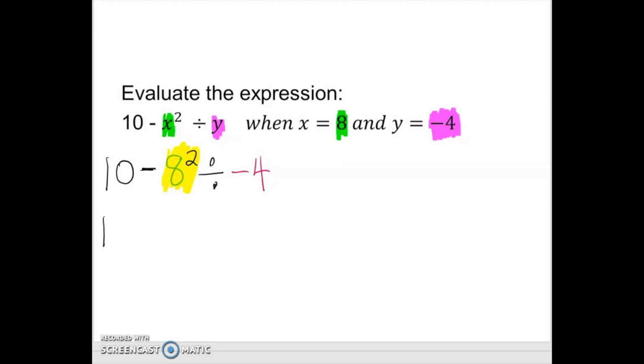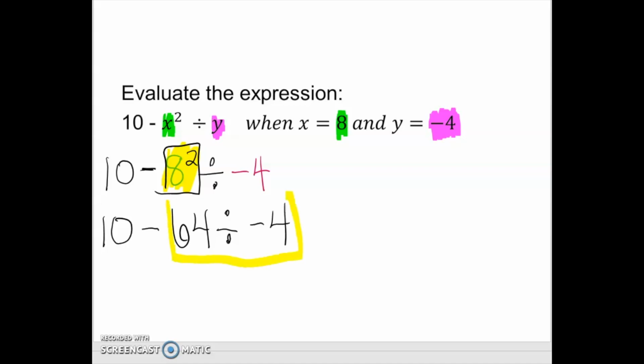So we're going to bring everything else down, and we are going to multiply 8 times 8, which is 64. Now we need to be careful. Following order of operations, the next thing that would happen is we would do our division. So we're going to do 64 divided by -4.